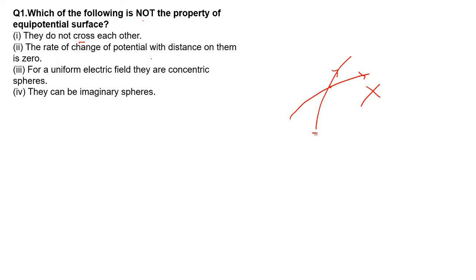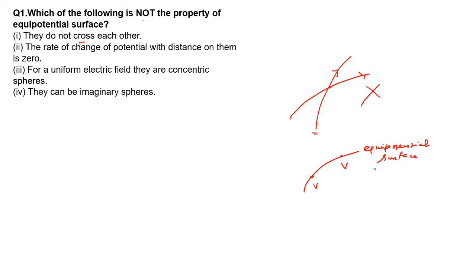Then the rate of change of potential with distance on them is 0. This is again the property. Suppose this is the equipotential surface. Then potential here is V, means potential here also should be V. Then only you can consider this as equipotential surface.